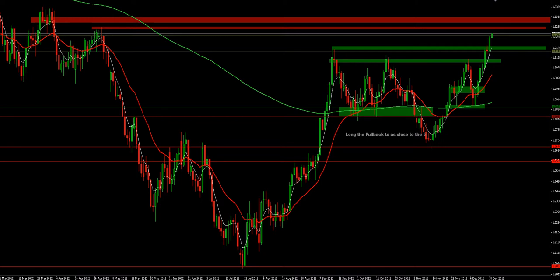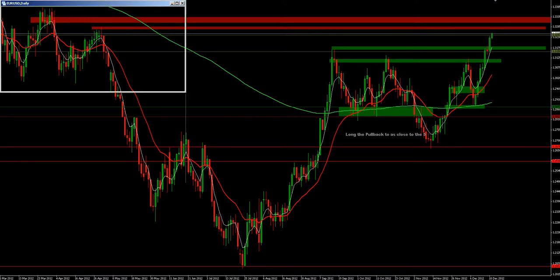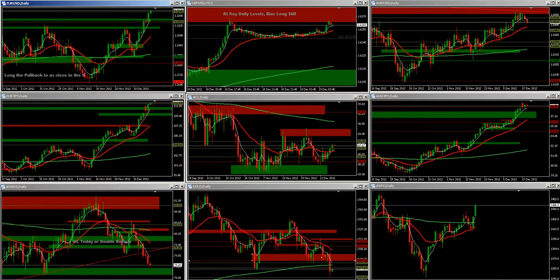The pairs we cover here in the Traders Lounge are the euro dollar, the pound dollar, the Aussie dollar, the euro yen, crude oil, Aussie yen, the dollar index, gold, and the S&P 500 and or Dow, and we switch the screen out with the magnifier during session trading so you can get a better picture of setups we're looking at, taking, and so forth. So that's the plan there.